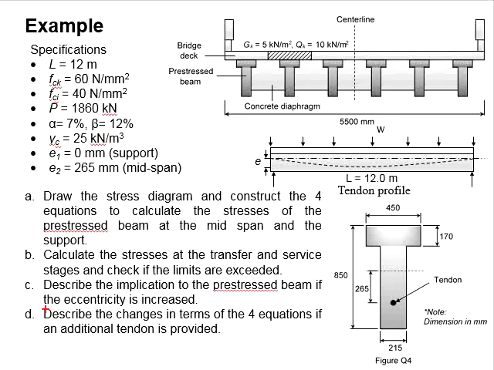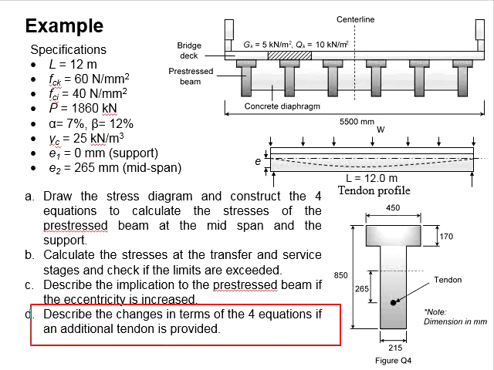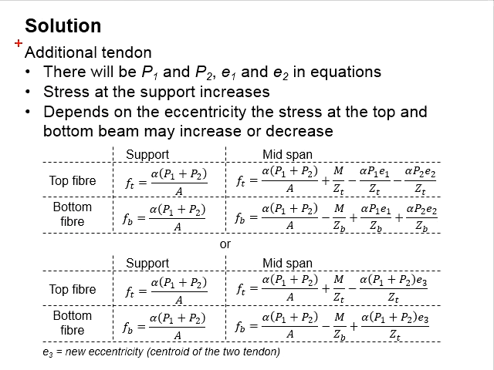The question proceeds with asking us to describe the changes in terms of the equations if there is an additional tendon provided. When there is an additional tendon, there will be P1 and P2 and E1 and E2 in the equations. P1 and E1 are due to the first tendon and P2 and E2 will be due to the second tendon.